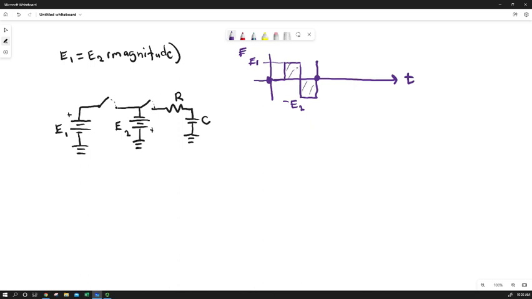So if we were to look at the transient response of our RC circuit, and I'll use another color here, if we were to look at this point as our initial time, which would be T0, when we basically closed this circuit, and I need to make a change to my circuit here. Obviously this wouldn't work.